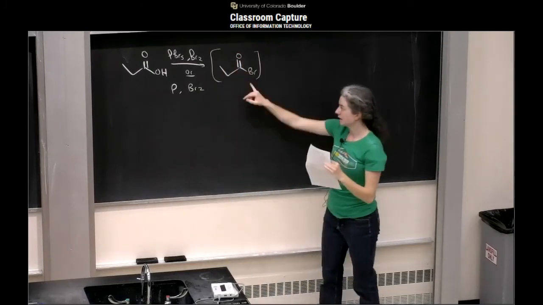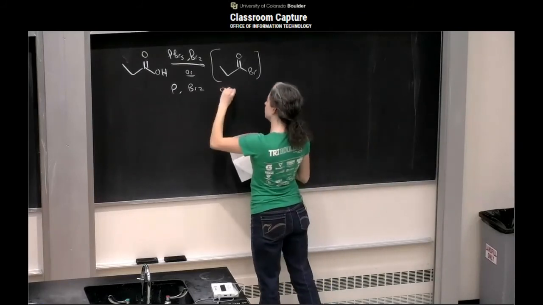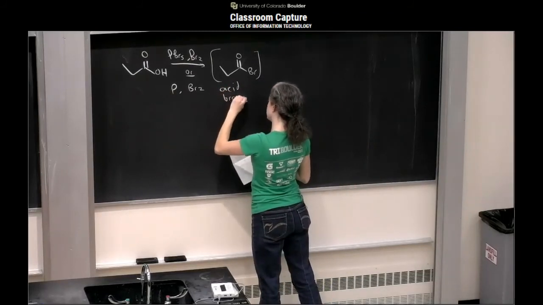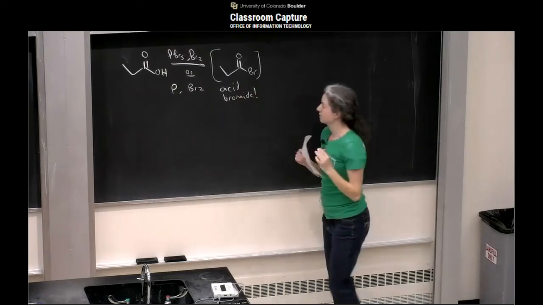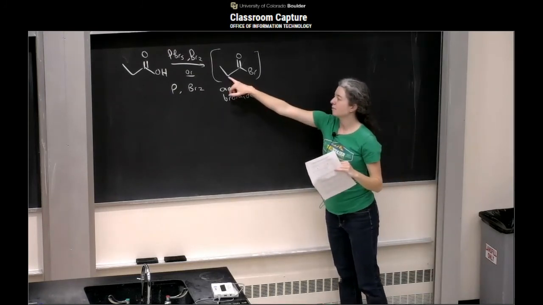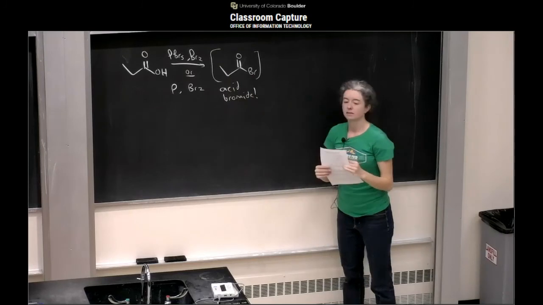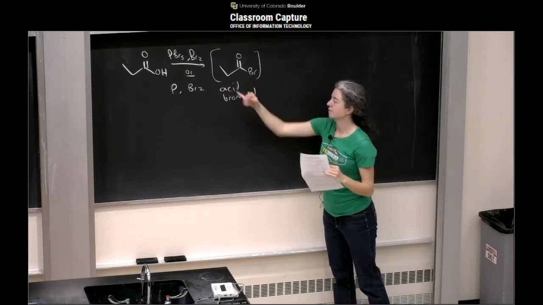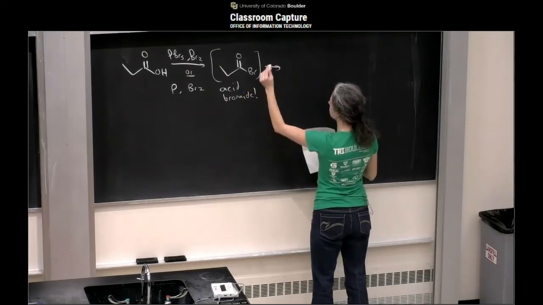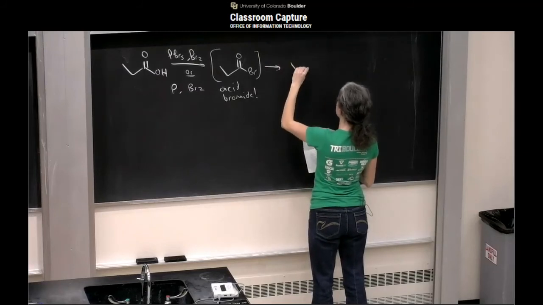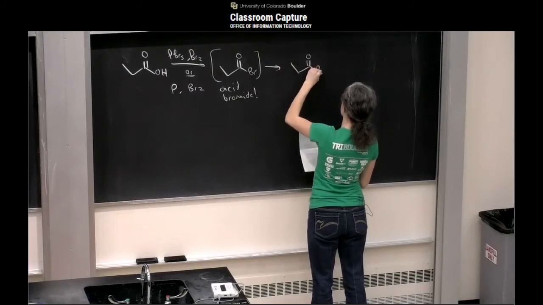Briefly, they will make the acid bromide. Very reactive. And then that will sufficiently form the enol that can then get halogenated at that position.